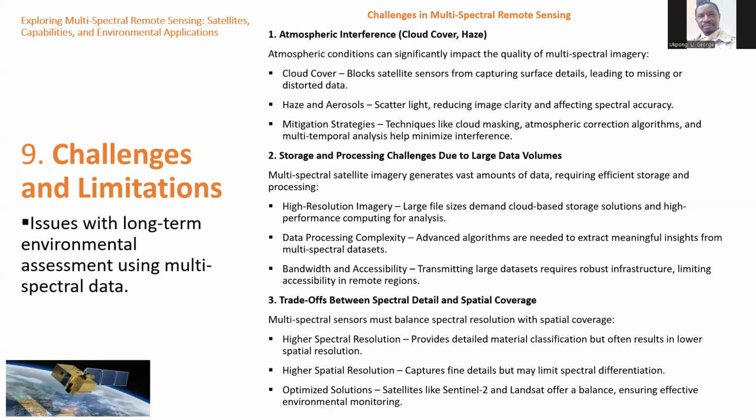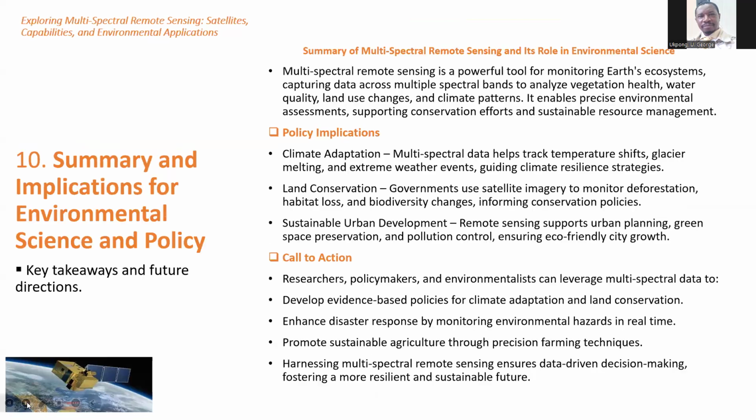In terms of storage and processing challenges, high resolution imagery, large files, demand cloud-based storage solutions and high performance computing for analysis. And in the trade-off between spectral detail and spatial coverage, you find that high spectral resolution provides detailed materials classification, but often results in lower spatial resolution. Capture other details as written on the screen because of time.